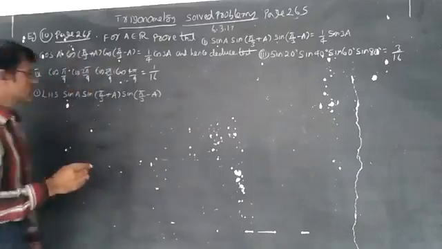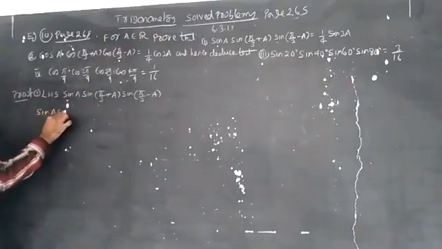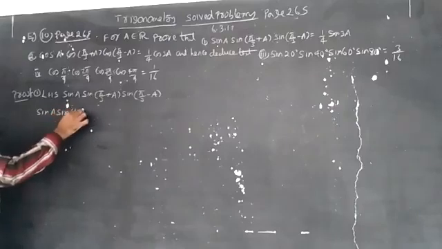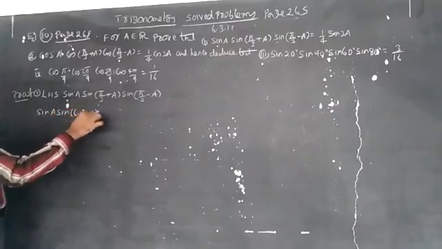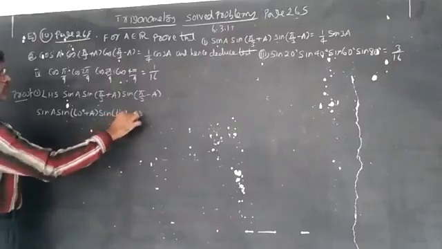So let us consider this as sin A into sin of 60 degrees plus A into sin of 60 degrees minus A.